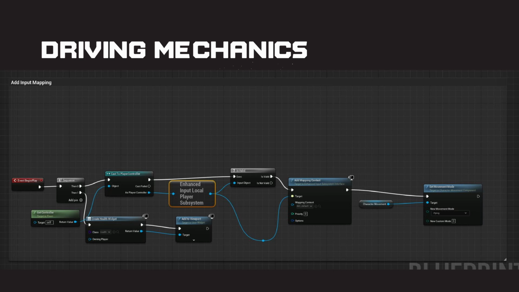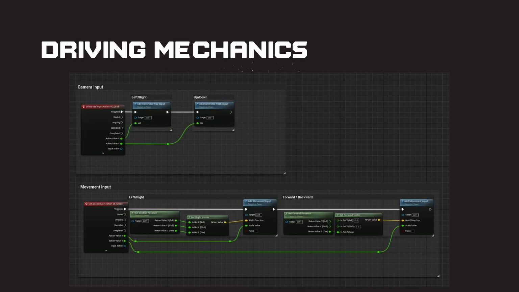So basically we were casting to player controller, and right here I'm setting the movement mode to flying. Because of that, the flying mechanic actually solved my issue. And now we can see that over here the camera is following the player, and this is pretty useful.